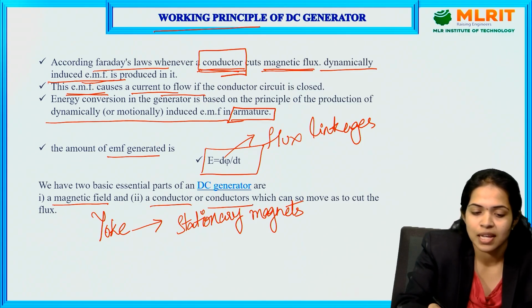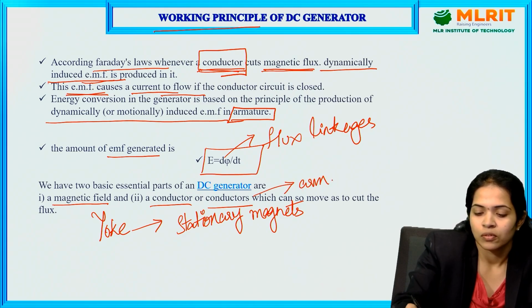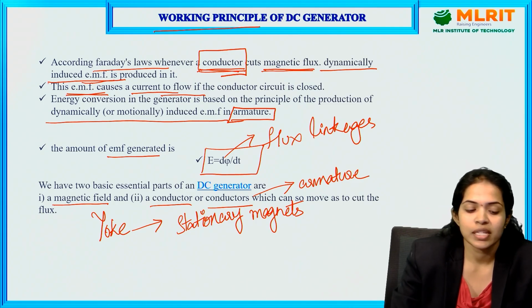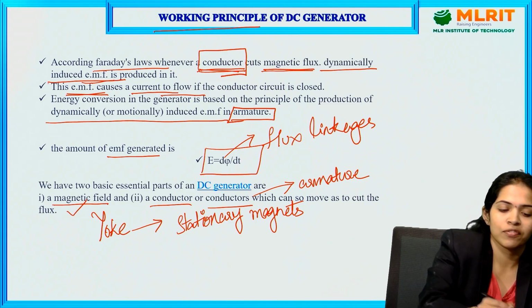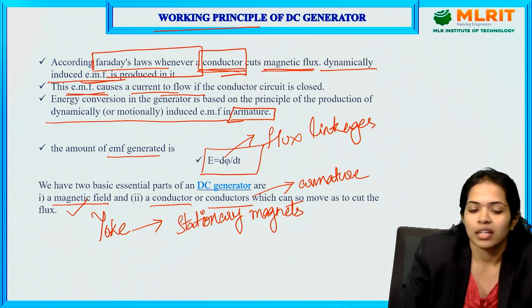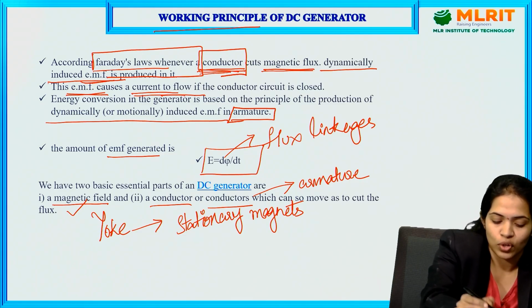These conductors are placed in the rotating part, that is the armature. When these conductors present in the armature rotate in the presence of a stationary magnetic field, an EMF is produced with the help of Faraday's laws, and the generated EMF in that conductor will cause a current to flow through it.